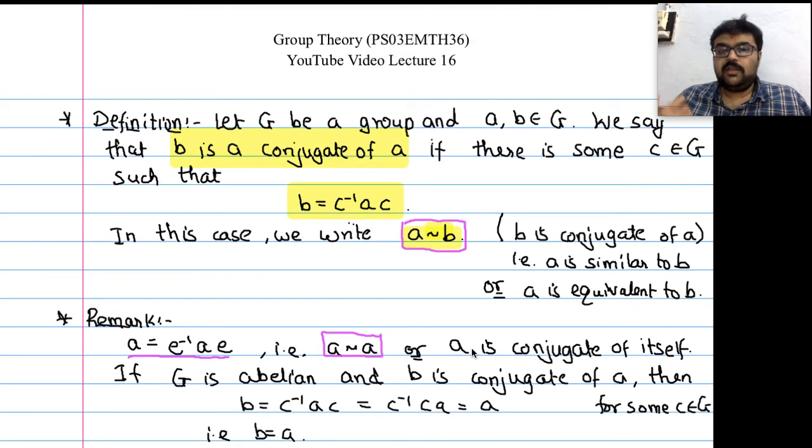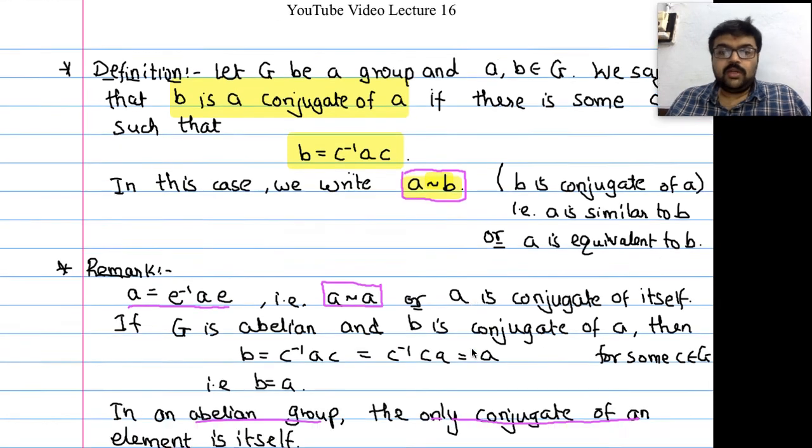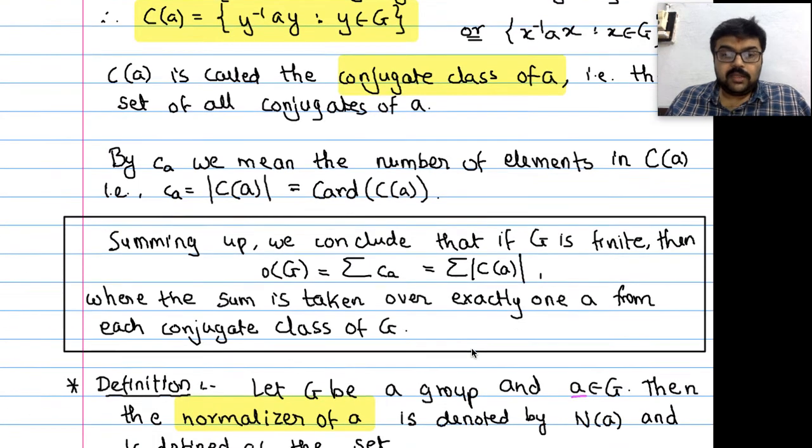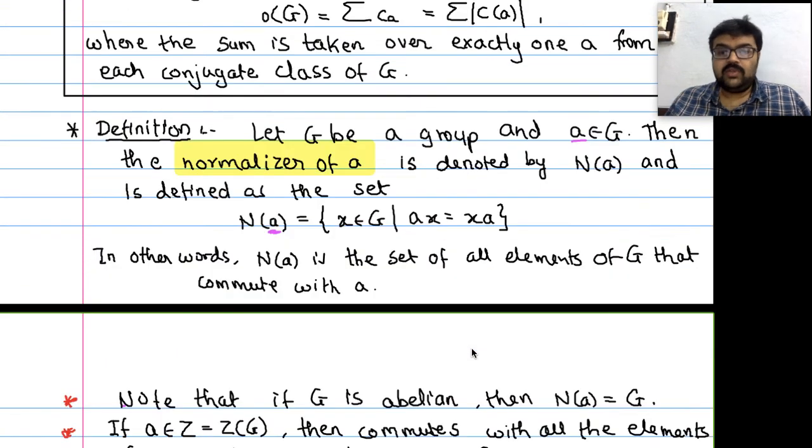We are interested in the conjugates of A, and a conjugate of A other than A is possible only if we can find some element which does not commute with A. If all elements commute with A, even if the group is non-abelian, then A will not have a conjugate. That is why the elements which commute with A are important. This normalizer N_A is precisely the set of all those elements which commute with A.